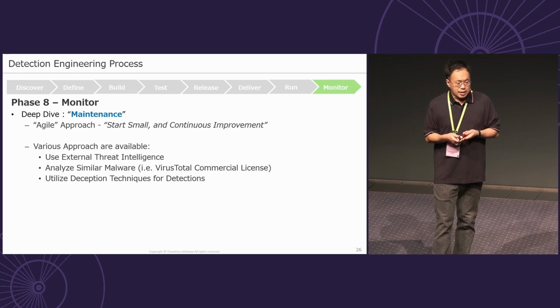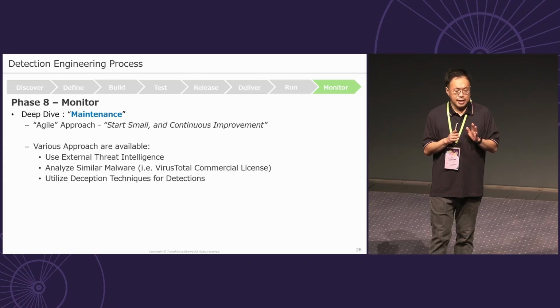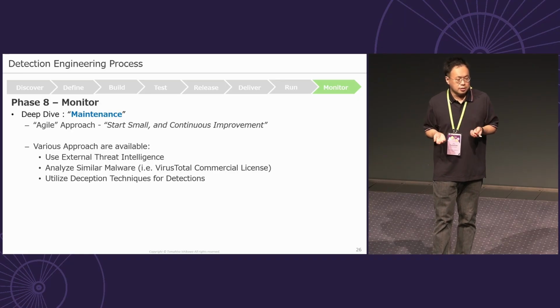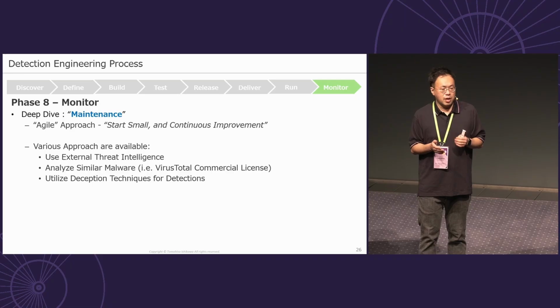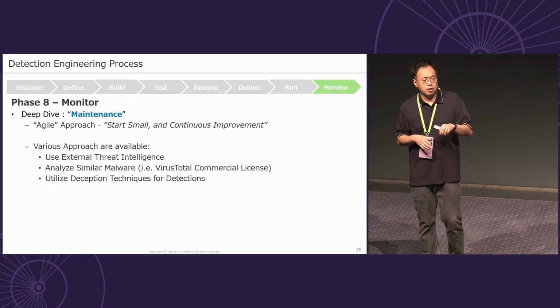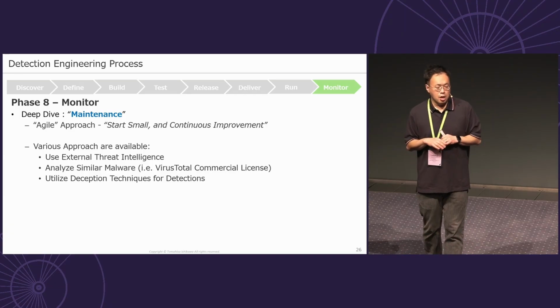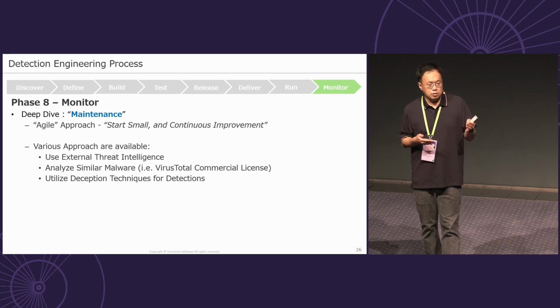Next is maintenance. As I mentioned, the detection engineering process is an agile approach. What that means is we start small and continuously improve. Maybe when we start to write the detection code, you only have the IP address or the C2 communication, or maybe only a hash value of the malware. But if you search external threat intel, you might improve the detection code.